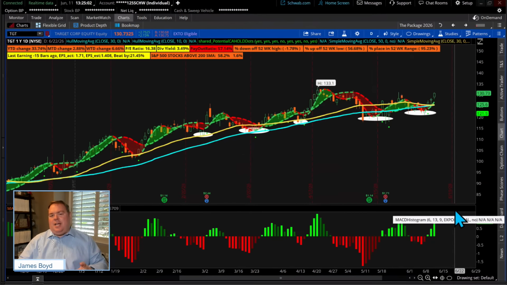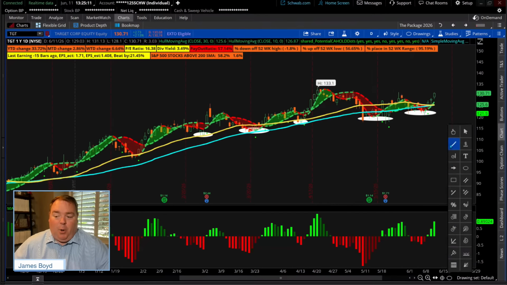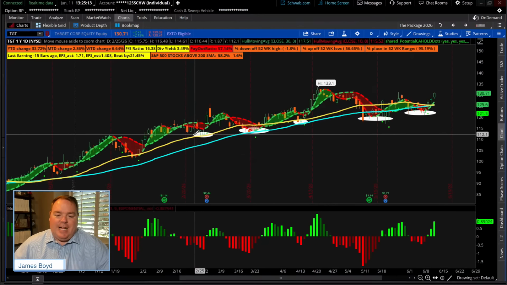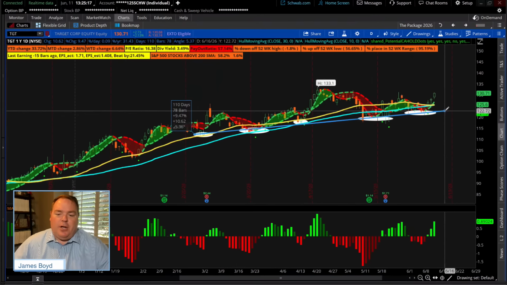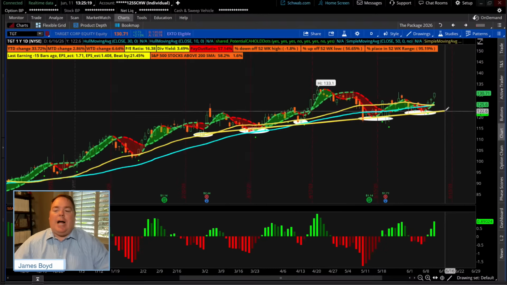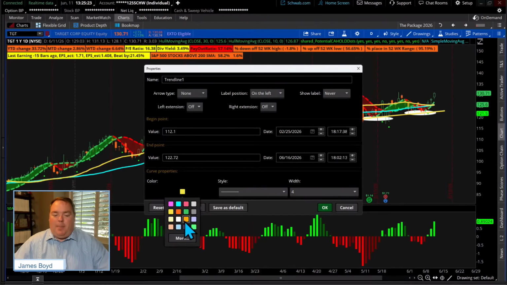Connect the dots as in drawing a line touching the lows to see where what we call the support is. Now that support, I call it the trust line. This is where those bulls are saying, yeah, I'll trust the stock if it can stay up above that level.